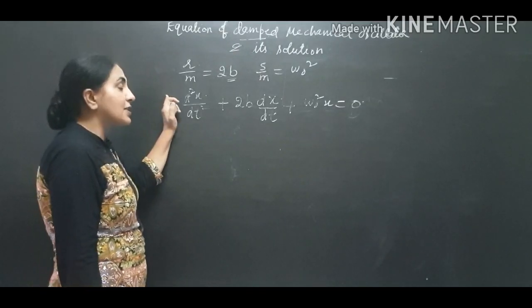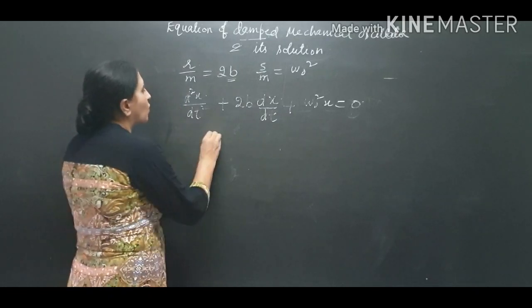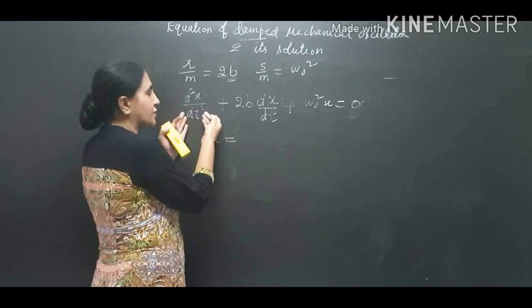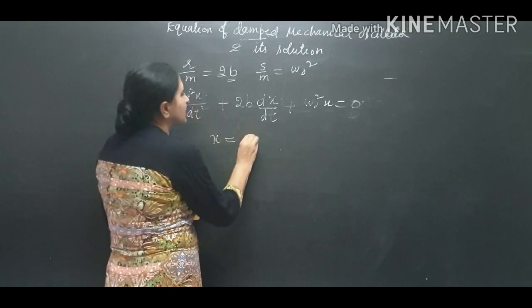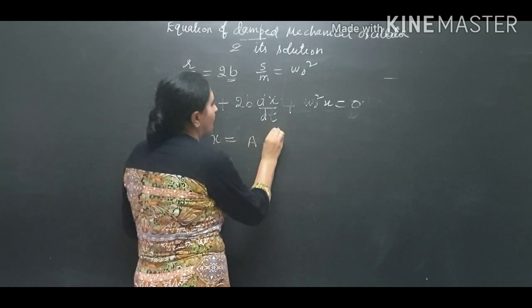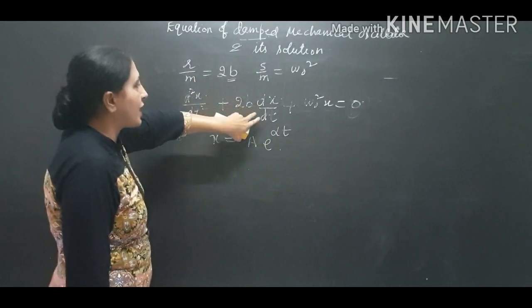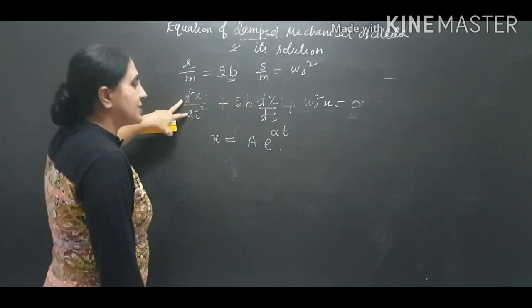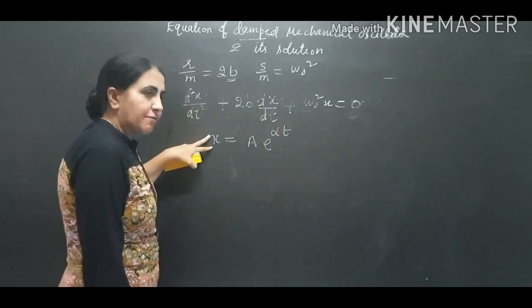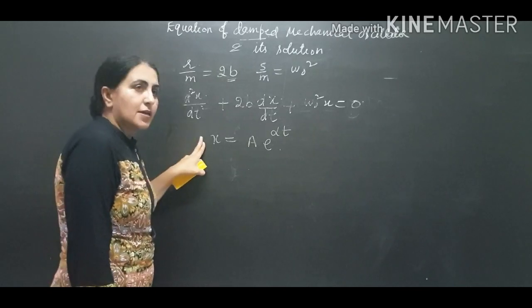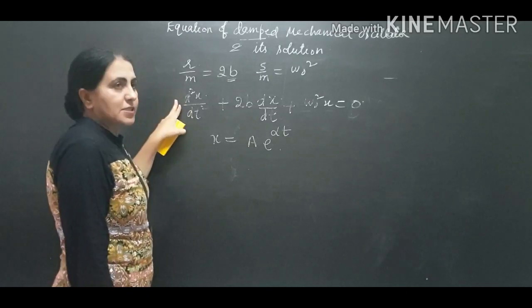Now if you want the solution of this equation, let's take x as a solution of this differential equation. x is equal to a e raised to power alpha t. We have to put the first derivative and second derivative, because if this is the solution of this equation, this x must satisfy this equation.